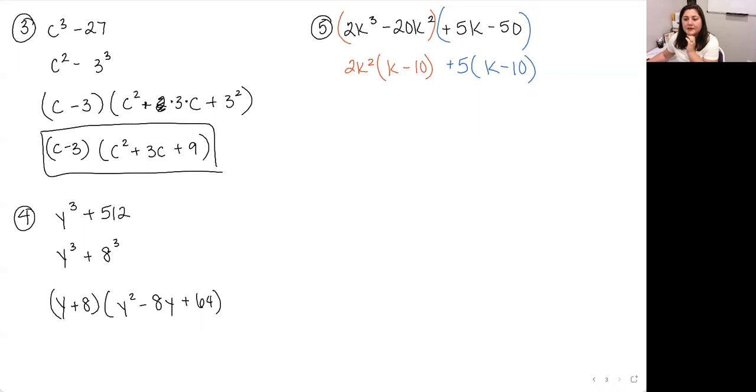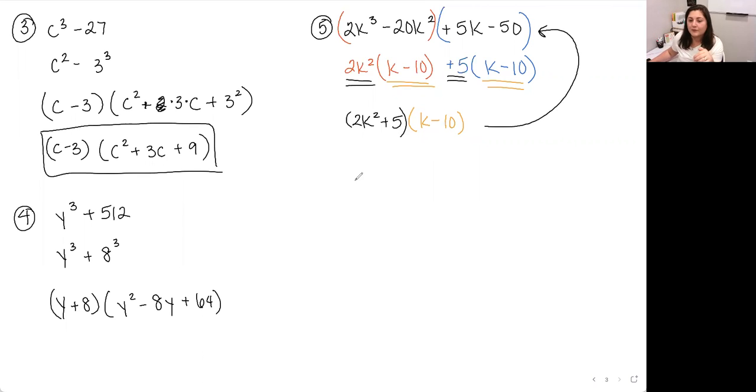So I want you to pay attention to the following. Do you see how this and this is the same exact set of parentheses? So we're going to say k minus 10 is going to be one set of parentheses that we're going to multiply by. And then this plus this is going to be another set of parentheses that we're going to multiply by in order to get our original piece.